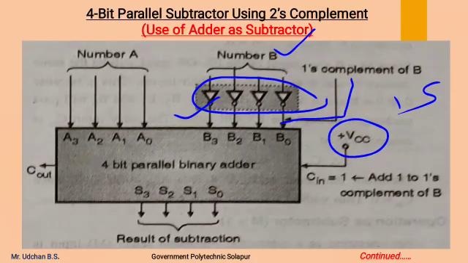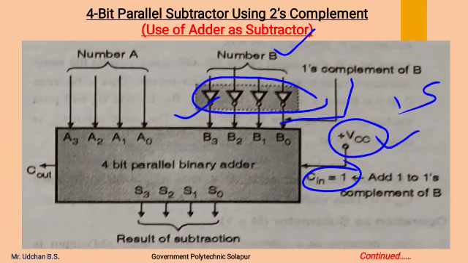After that we are going to add 1 to the ones complement of B. Here we add a 1 through the carry input so that we can get the 2's complement of B. Therefore this carry input is permanently connected to plus VCC, which will provide a carry input of 1, by which we get the 2's complement of number B, which is to be subtracted.